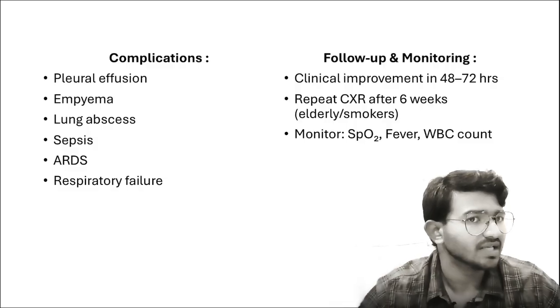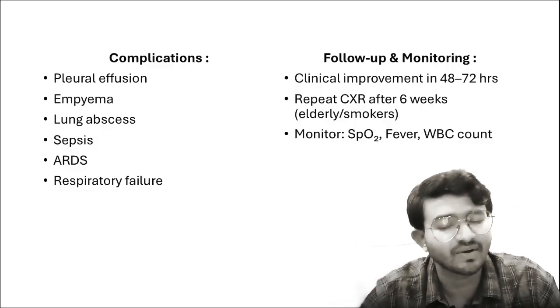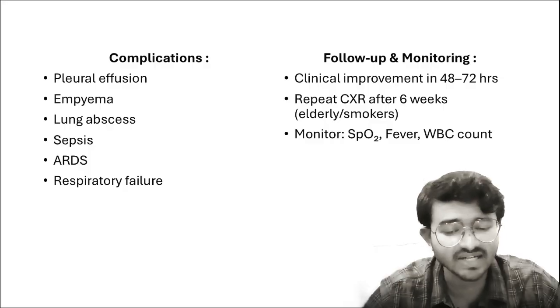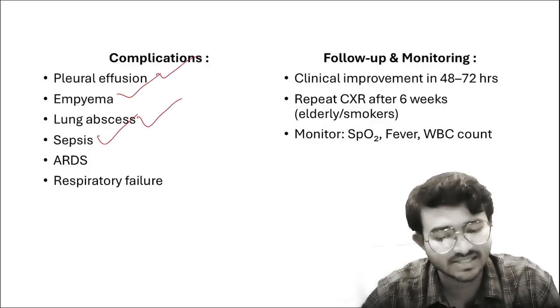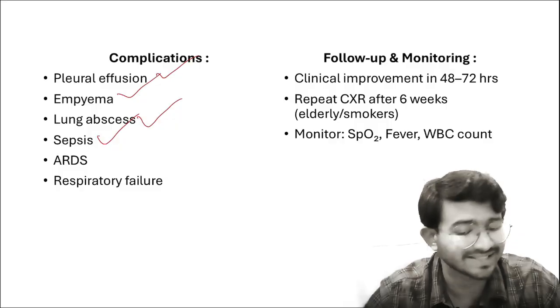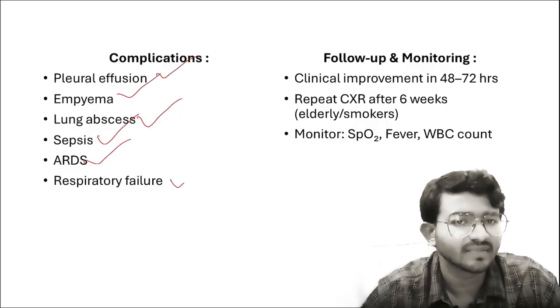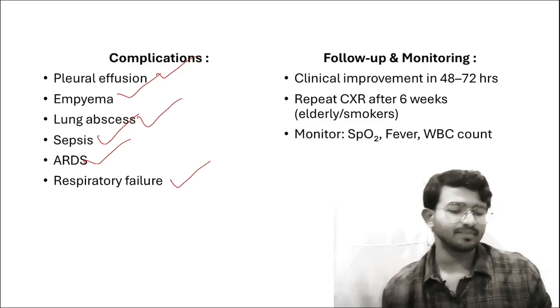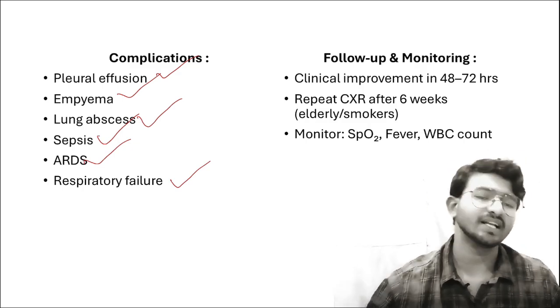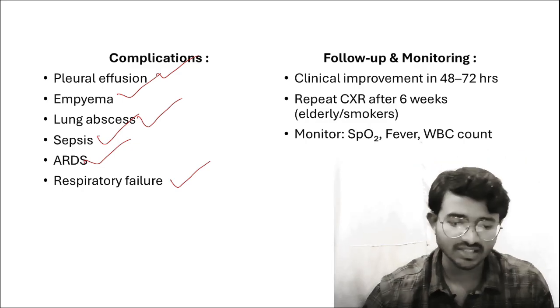So what are the complications we can get with pneumonia? Pleural effusion, empyema, lung abscess, sepsis, acute respiratory distress syndrome, and respiratory failure. So these are the complications. How do we follow up the patient? Look for clinical improvement within 48 to 72 hours.